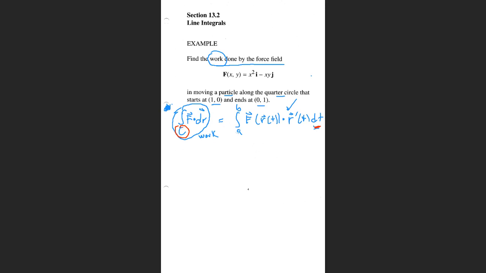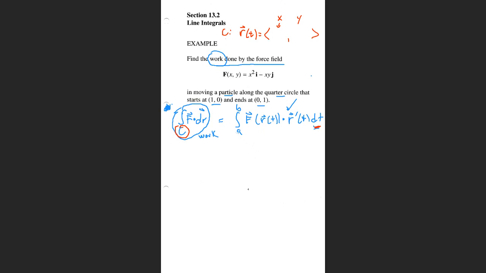This space curve C, if we were to write out r of t, it's a quarter circle. So what would x be, and what would y be?